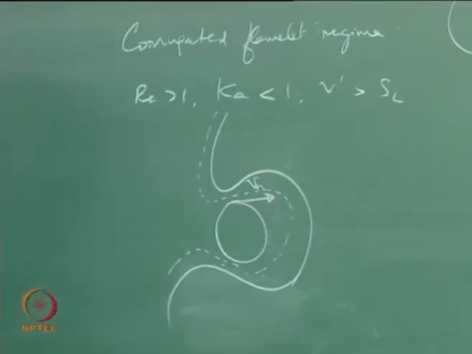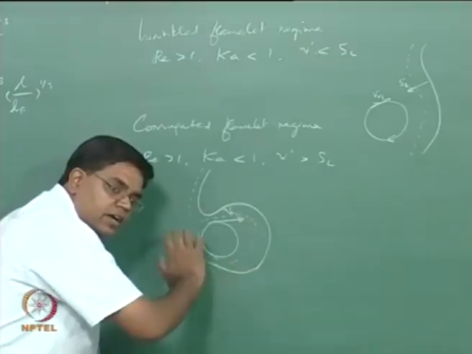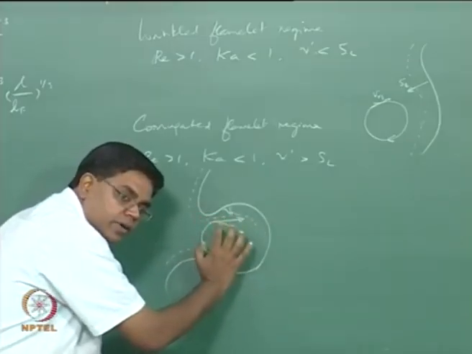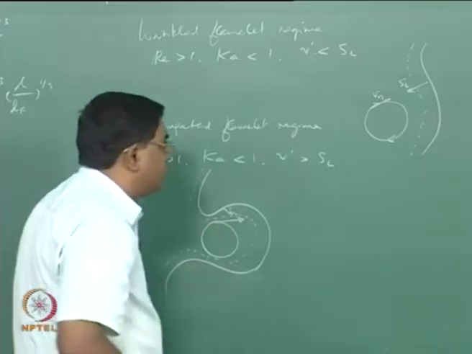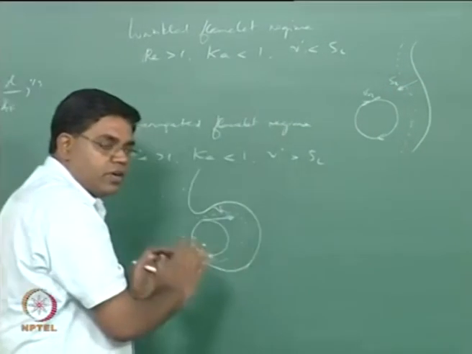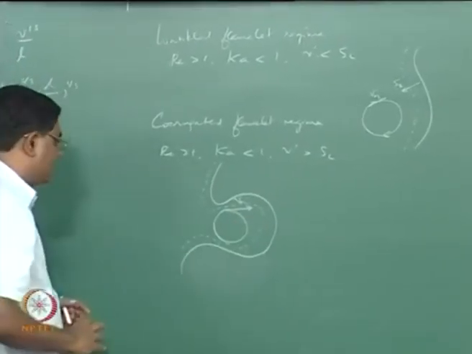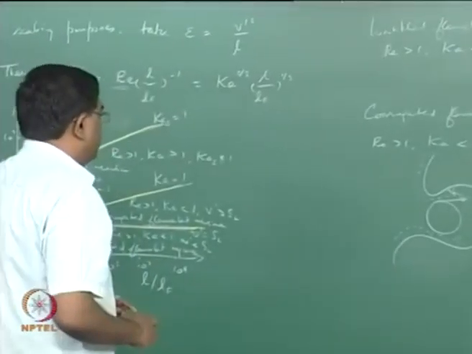That means the corrugation in the flame can now house an eddy comfortably. Previously we didn't have the flame corrugated so much, but now you have a corrugation of the order of the eddy size. That's the reason why it's called a corrugated flame.